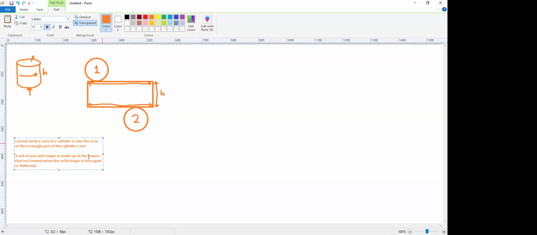Okay, sorry, I think I left something out. The two-dimensional shapes that are formed. All right, I hope you have seen what I wrote.